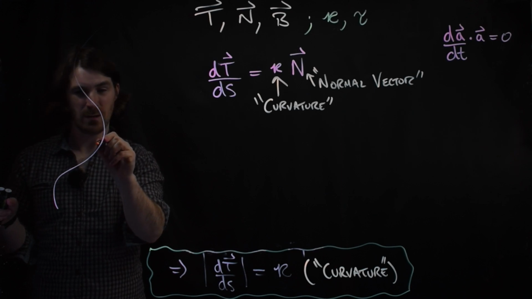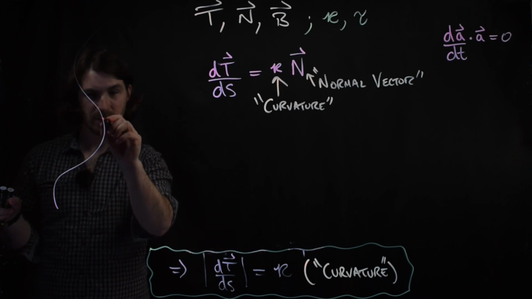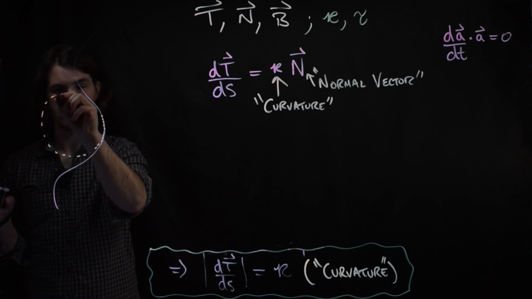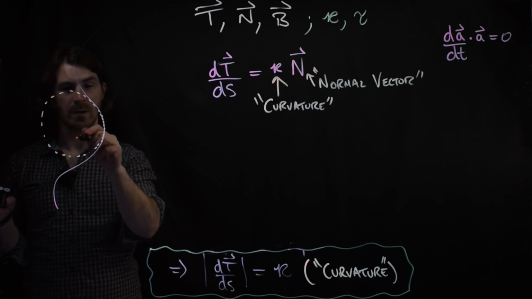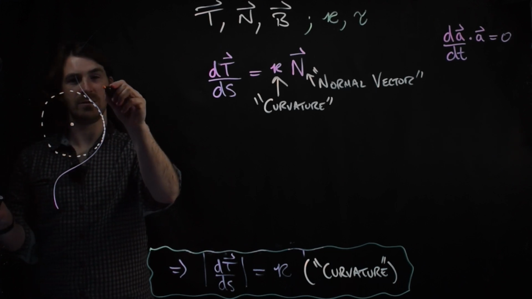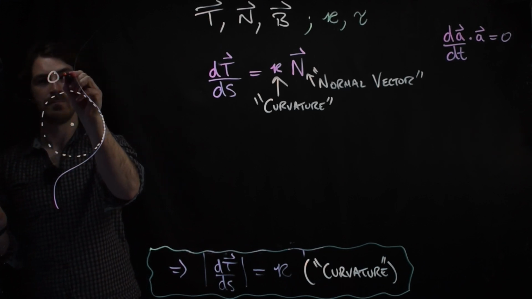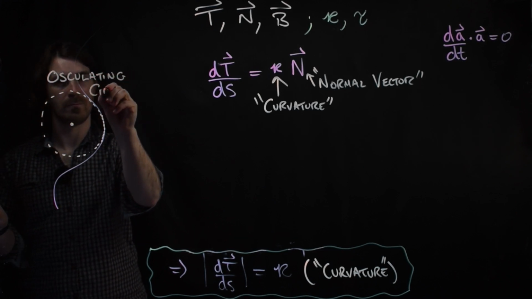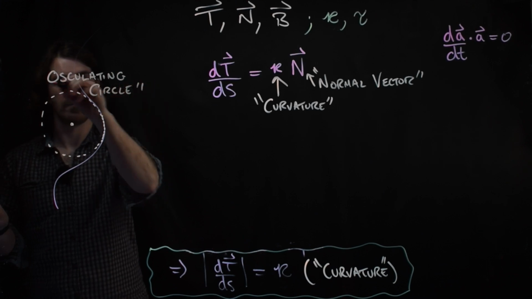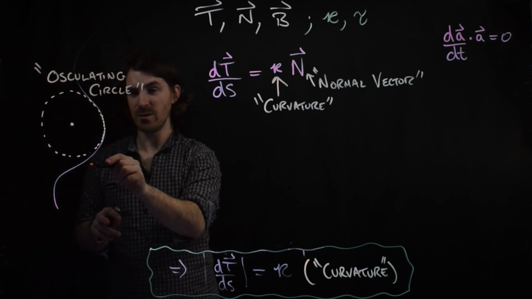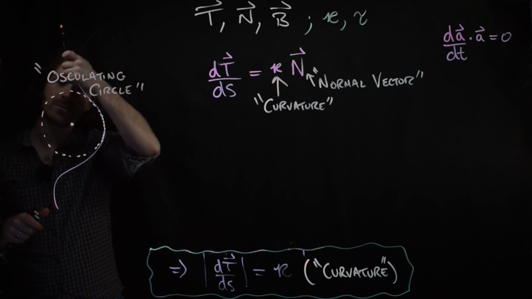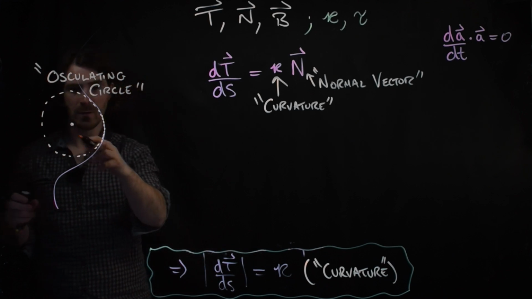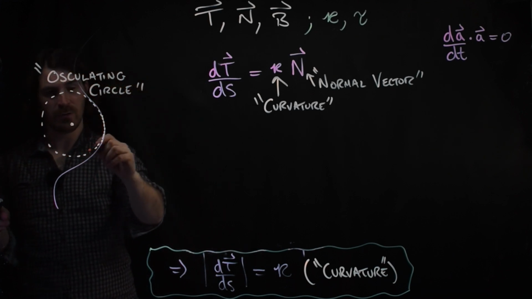So here, let me draw the circle that describes this. This is called the osculating circle. It kisses the curve, and kiss is related to the Latin word osculare. So it kisses the curve.